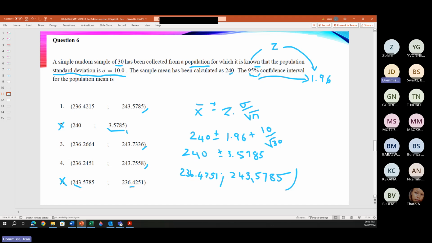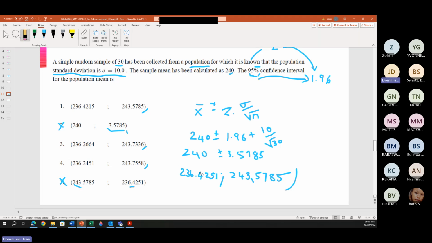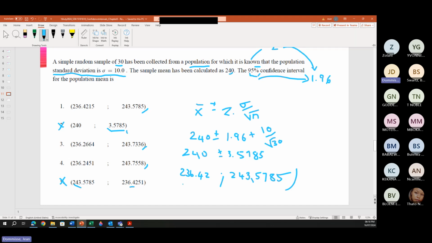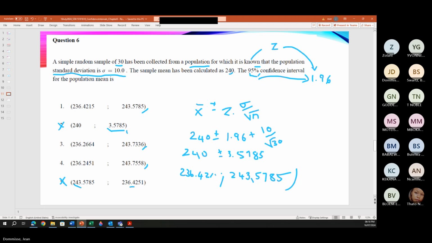Okay, let me just check that again. Sorry, not 51. And how easy it is to make those mistakes. It is 2364215. And again, like you guys would have seen now, that is just nearly switched around.